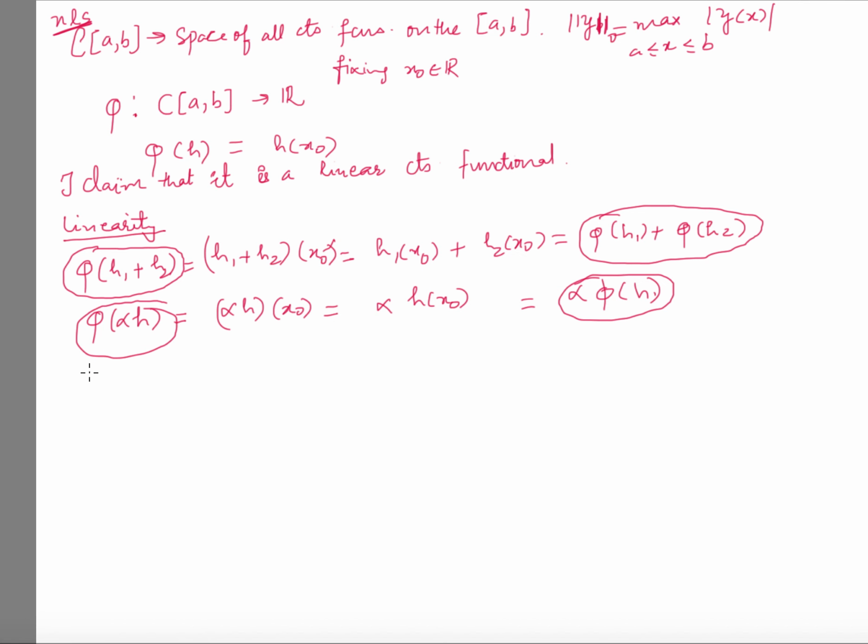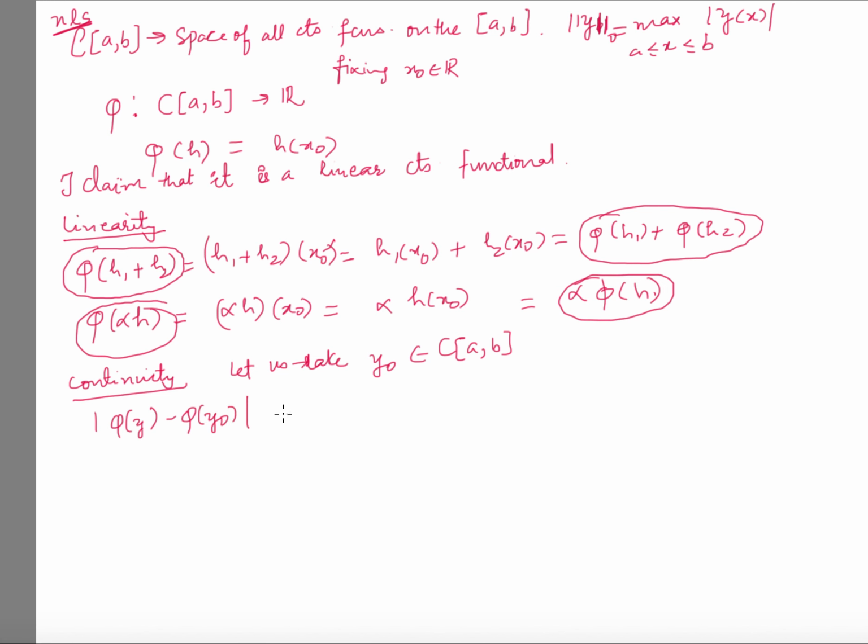Now let us see the continuity. It should be continuous for all elements in V actually. So let us take any y naught in C[a,b]. I'm looking at the modulus of phi of y minus phi of y naught.